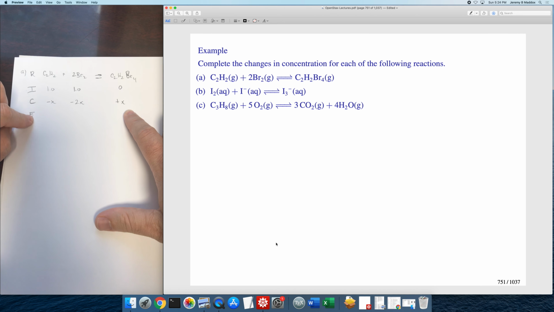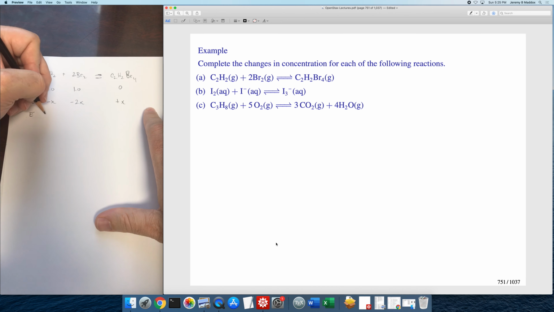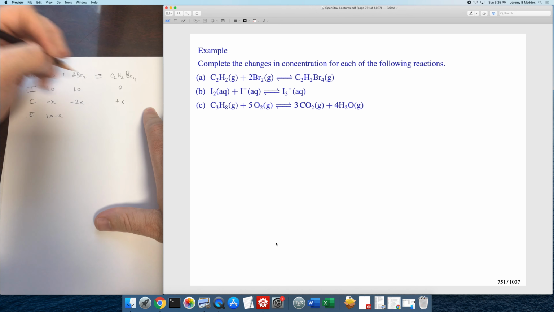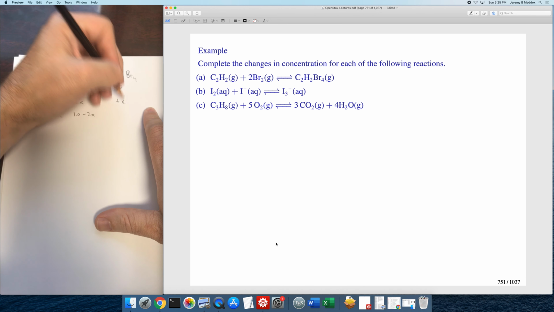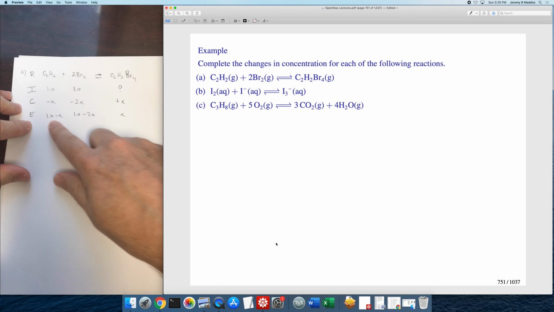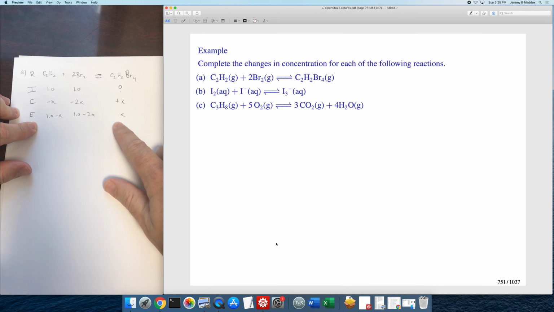Now at equilibrium, the equilibrium concentration is going to be the initial concentration plus whatever change occurred. We've taken into account the signs, and so it would be 1.0 minus x, 1.0 minus 2x, and 0 plus x gives us x. So these expressions here symbolically represent what the equilibrium concentration should be.